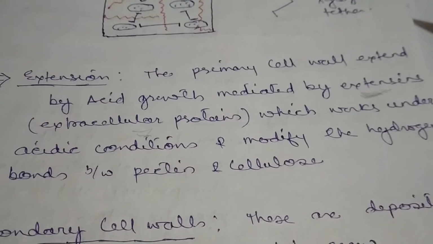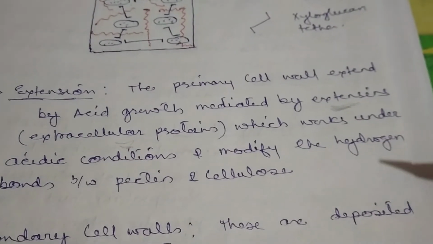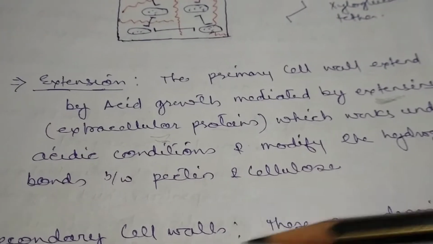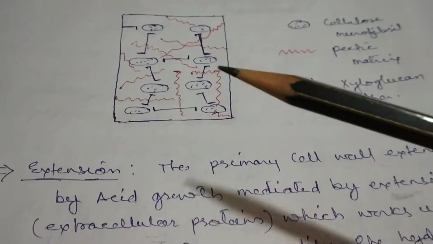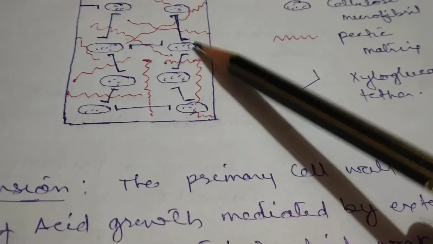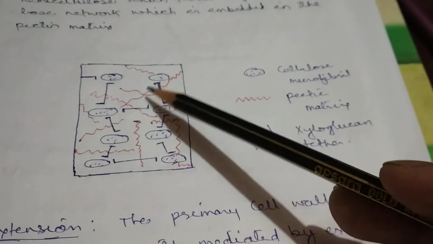These are extracellular proteins, not within the cell but outside the cell, which work under acidic conditions, and they modify the hydrogen bonds between pectin and cellulose. So this is the pectin matrix. They get dismantled, this cellulose is disintegrated. The bonds here are also reshaped.